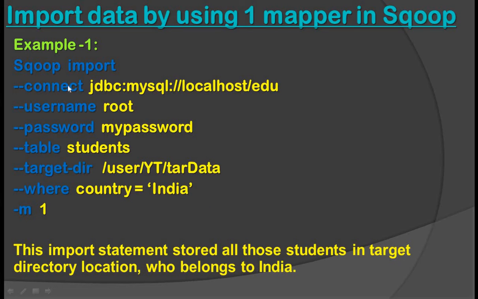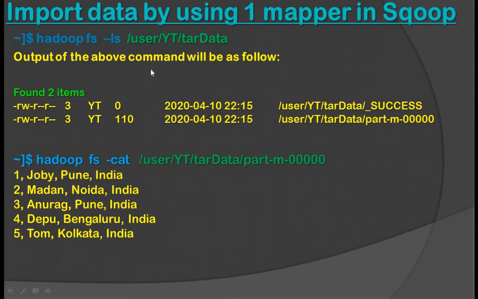When we execute this statement, Sqoop will import the student table records to these locations, and let's see the output. This is the target directory, and when we list this target directory, we get these two items. One is the acknowledgement file and the second one is the mapper file.